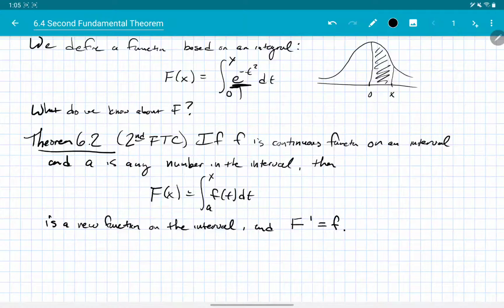So the idea is this new function has a derivative, which is the original function.